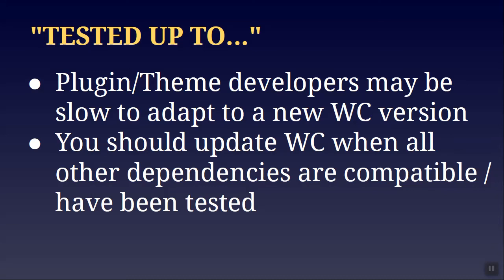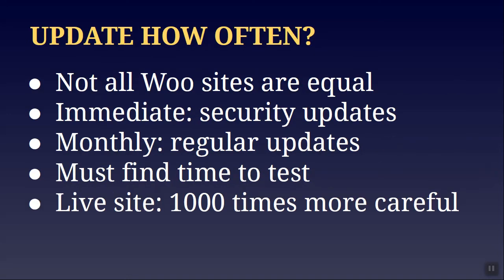Maybe they don't have a team like Automattic has with dozens and dozens of developers. Maybe it's a one-person band looking after a plugin, and of course time is needed to adapt to a new WooCommerce version.